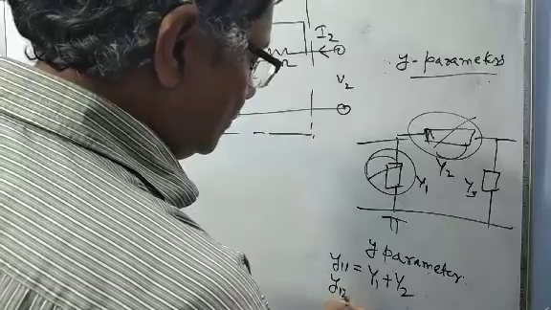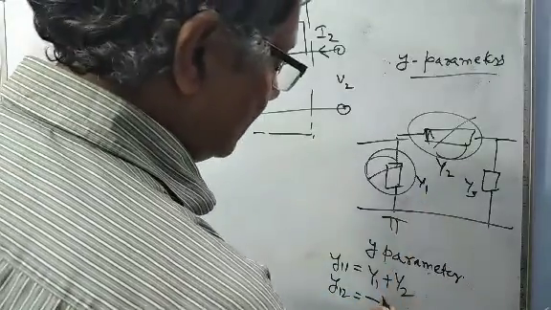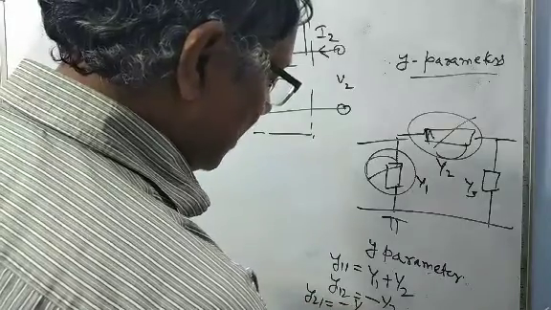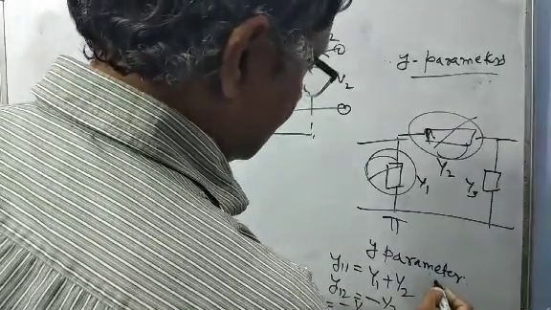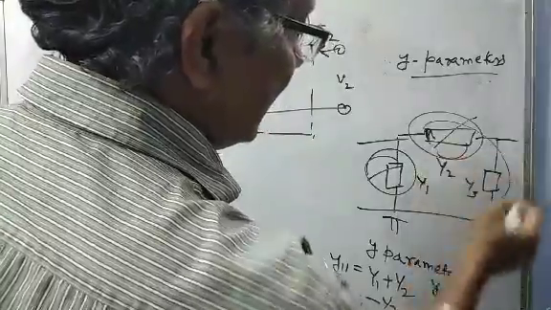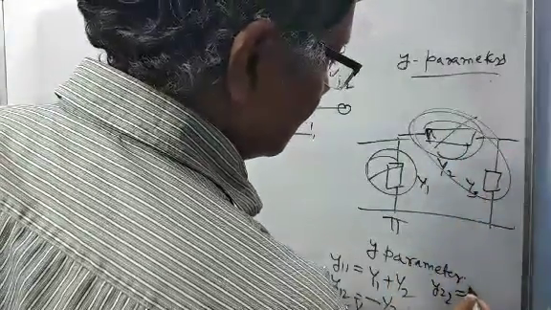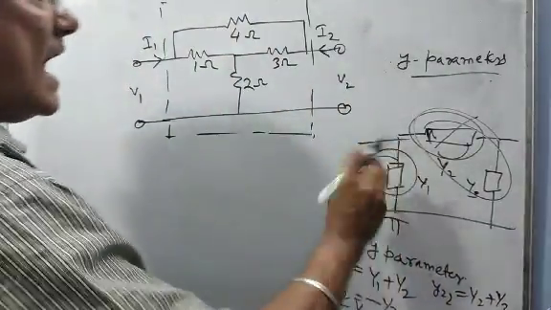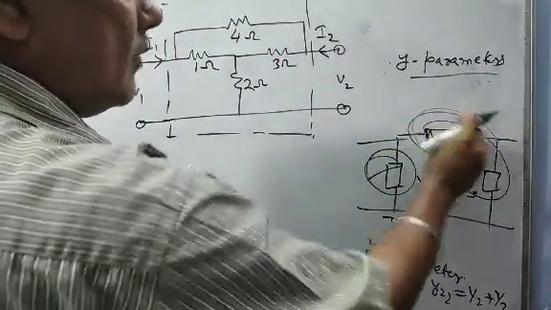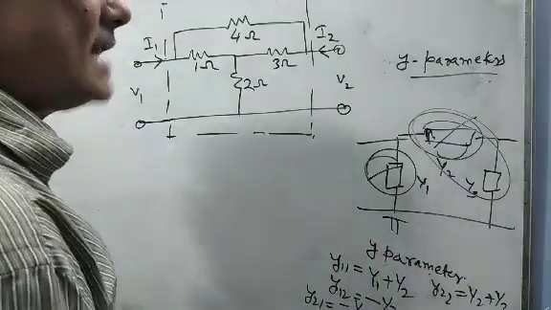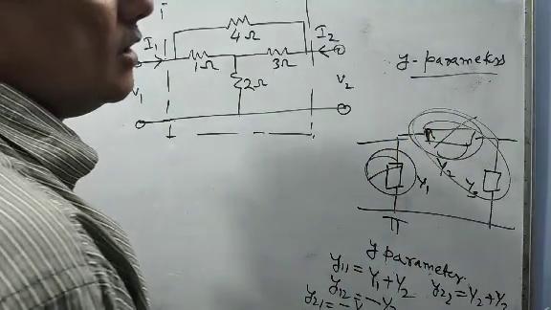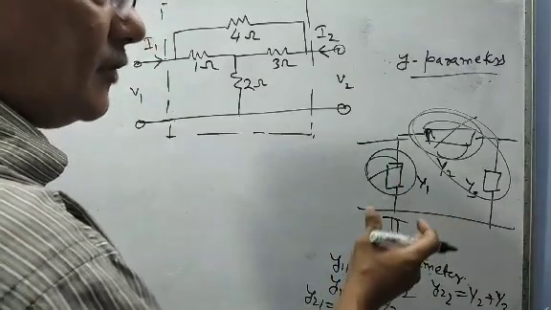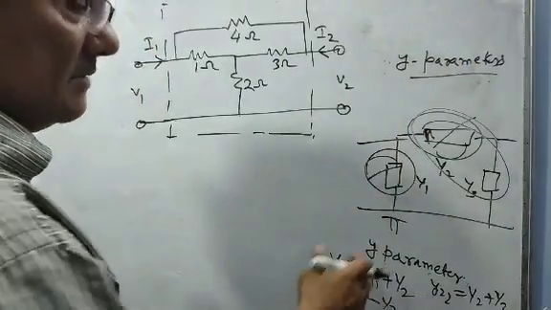Similarly, Y12 will be negative of Y2, and Y21 will be negative of Y2, and Y22 will be the addition of these two, that is Y2 plus Y3. So simply the admittances, all the nodes you have to arrange in there. That works only in the pi form. If you convert the network to pi form, it is very easy to get Y parameters.